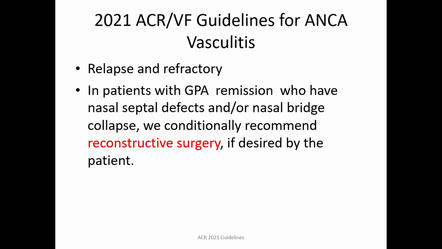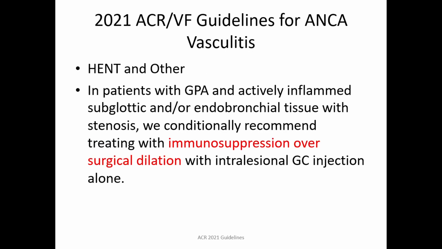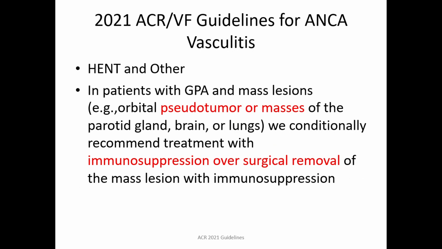And if a patient has got a nasal septal defect, then certainly you can refer them for reconstructive surgery, if desired, obviously, by the patient. If your patient has got subglottic or endobronchial tissue stenosis, then the preference is for immunosuppression rather than surgery. Sometimes we feel that, okay, refer to ENT to dilate those areas, those scars, but perhaps that is not the best thing to do.